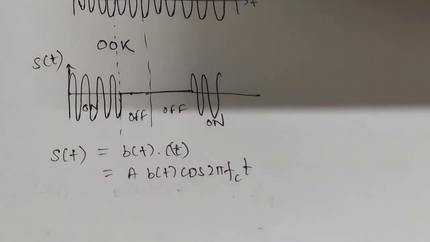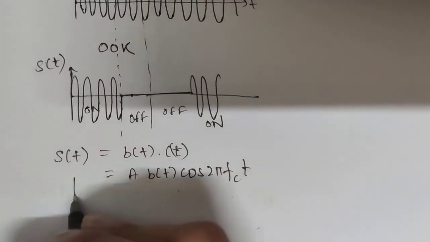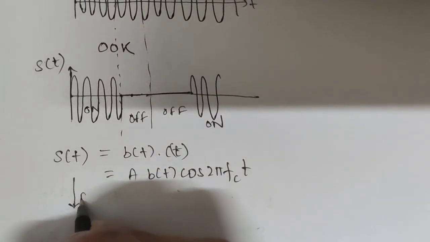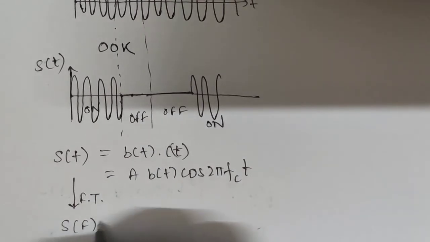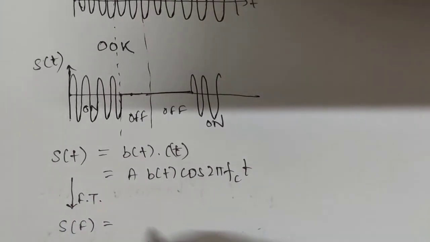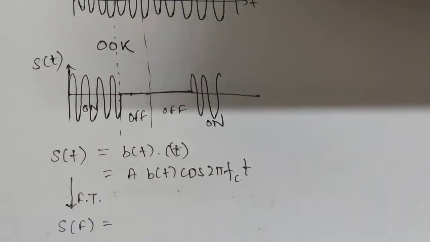And if we try to take the Fourier transform, this is my time domain information. Now if we want to take the frequency domain, we should convert this by using Fourier transform. So this becomes S of f, and we know the Fourier transform of cos is 1 by 2 delta f minus fc plus delta of f plus fc.